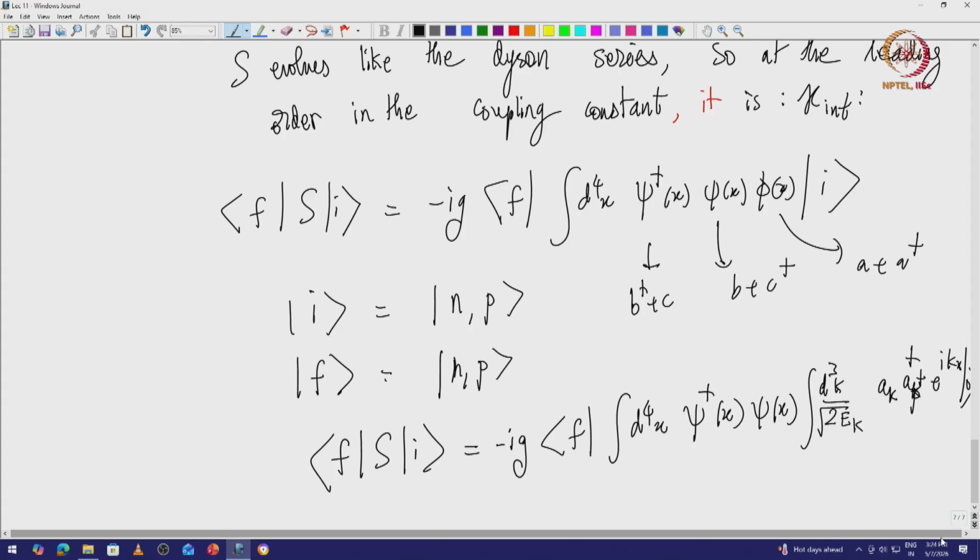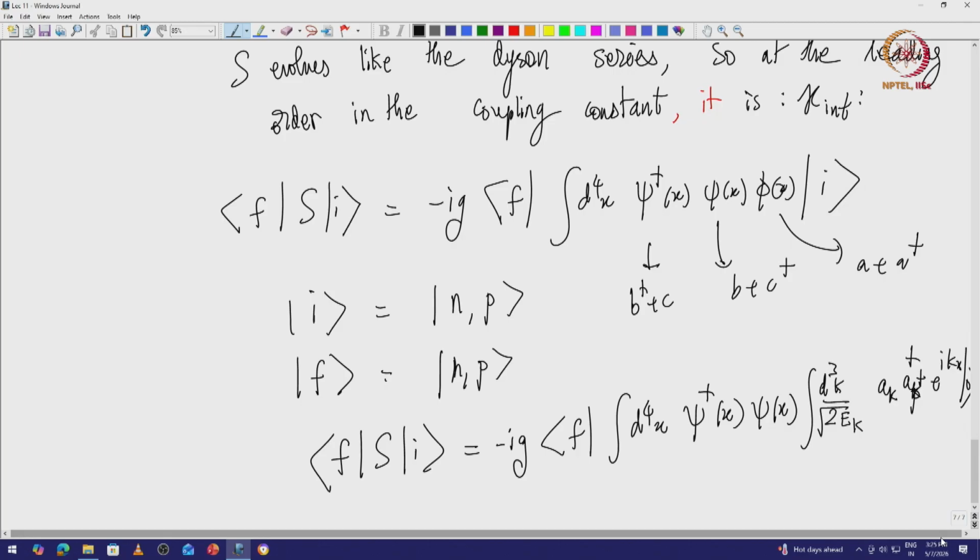So what we are trying to do is create a meson state from the vacuum. What you are trying to create is a 2 meson state from the vacuum.